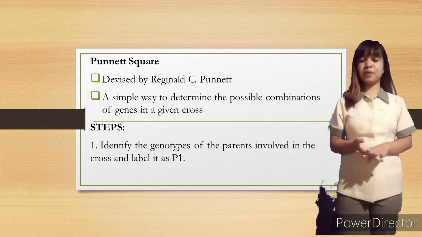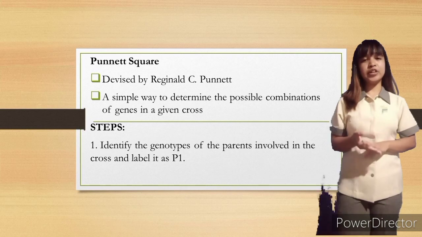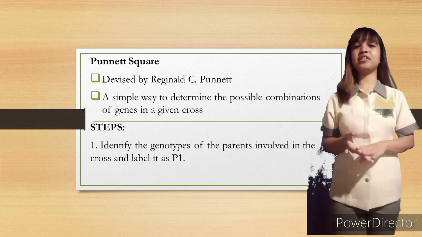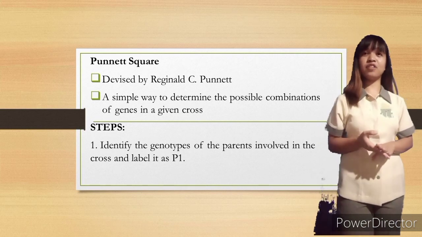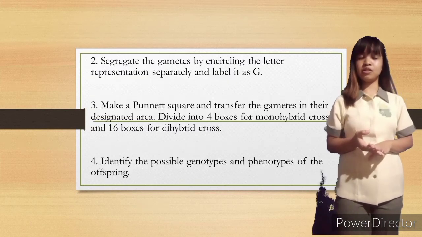There are four simple steps on how to create the Punnett square. First, we have to identify the genotypes of the parents involved in the cross and label them as P1, or the parentals.